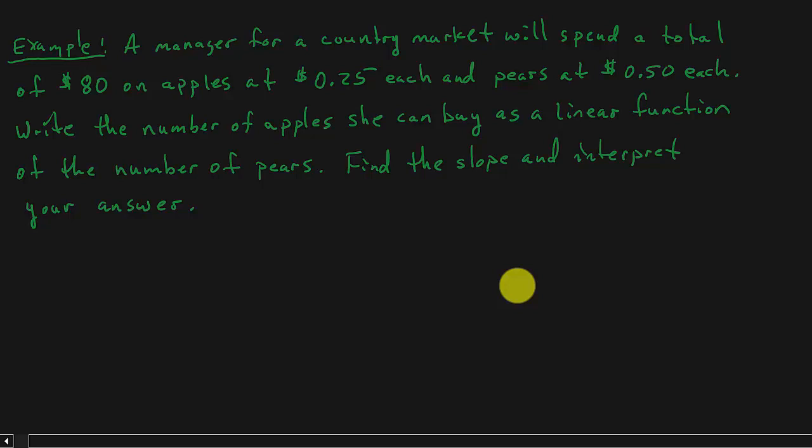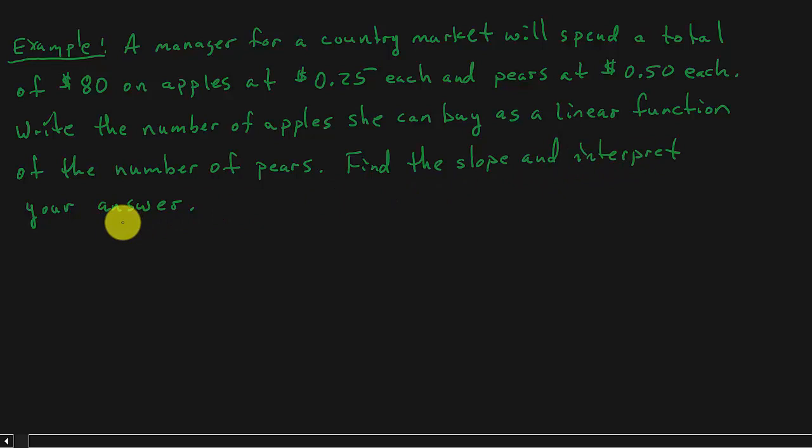Okay, so a manager for a country market will spend a total of $80 on apples and pears. The apples are 25 cents each, the pears are 50 cents each. Write the number of apples she can buy as a linear function of the number of pears. Find the slope and intercept and interpret your answer.